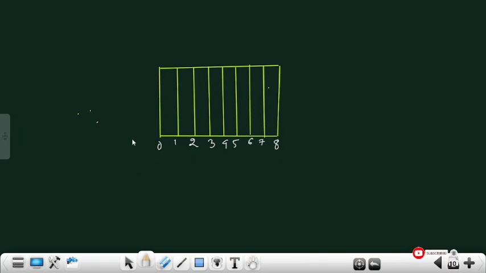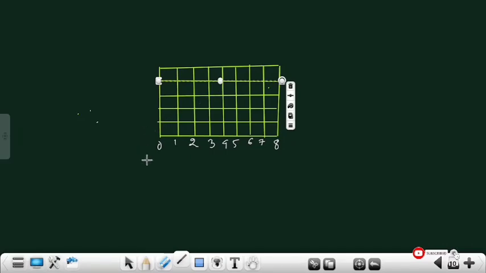Set the 8 parts, and next we have to divide it into 1, 2, 3, 4 parts. Now join the diagonals.